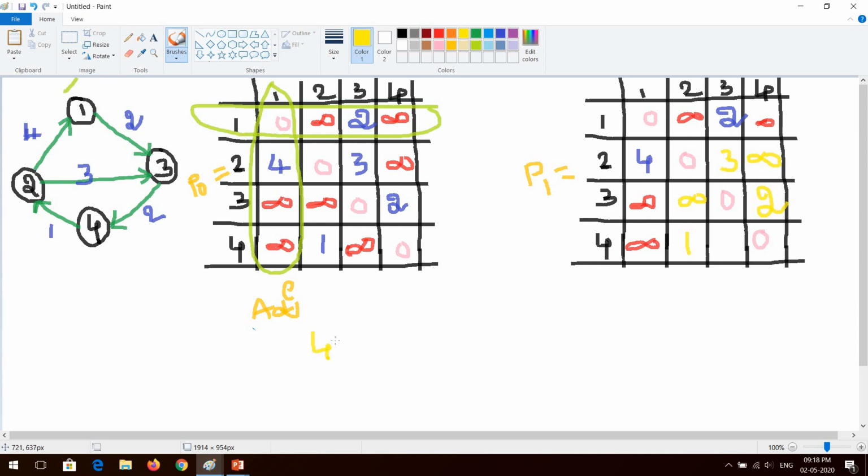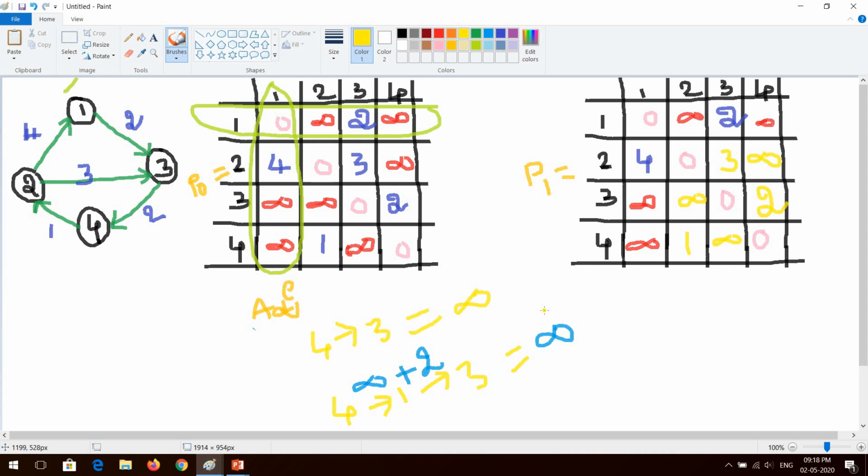Earlier infinity. 4 to 1, 1 to 3. 4 to 1 is infinite already, plus 1 to 3 of cost 2. Infinity plus 2 is infinite. So which is minimum? Infinity will remain same.